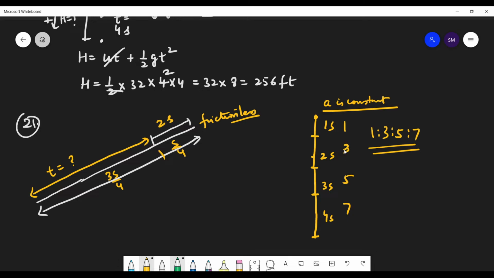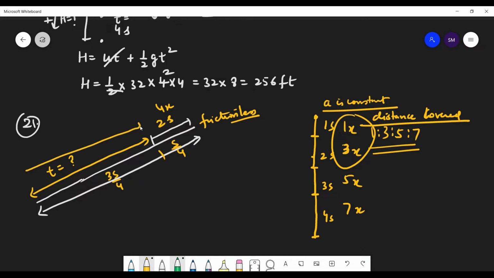So the time taken means the distances covered are in the ratio 1:3:5:7. So in 2 seconds, you can assume them as x. If the distance covered here is 4x, and here the distance covered is how much then?